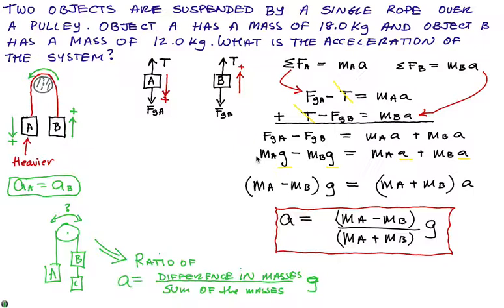So the acceleration is the difference in masses divided by the sum of masses, and that's on either side of the pulley. So that's how we figure that out.